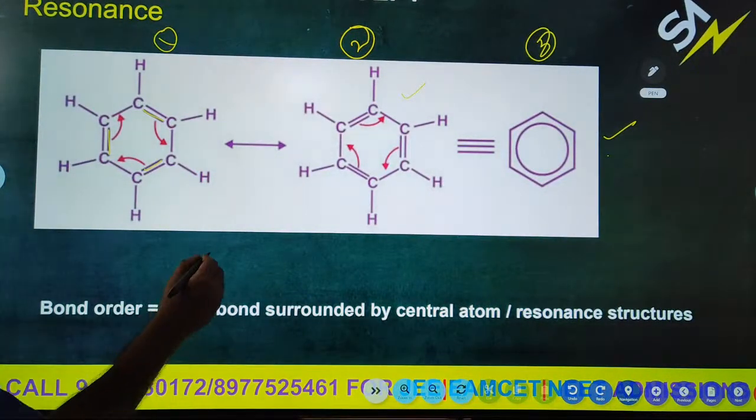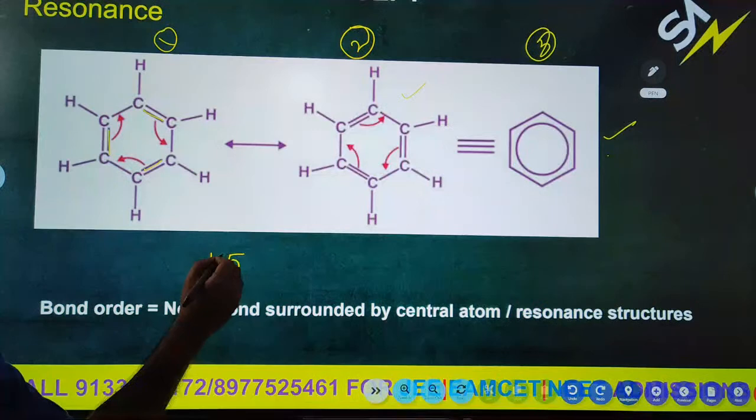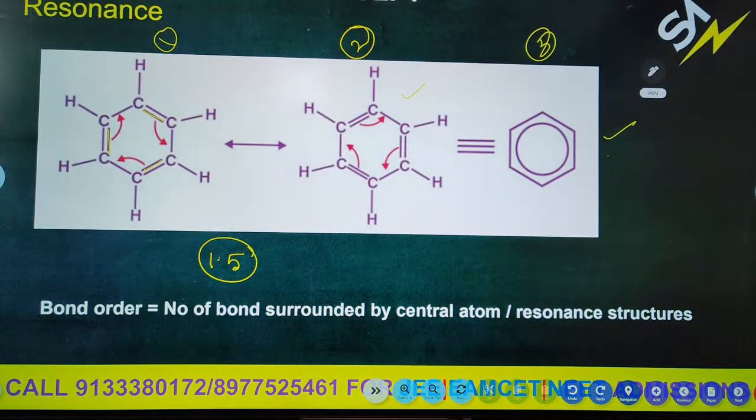Now what is the bond order of benzene? Benzene bond order is 1.5. Why? Because we have to take only how many bonds? It's 1.5, 3 bonds over 2 atoms only. So we got 1.5, the bond order of benzene.